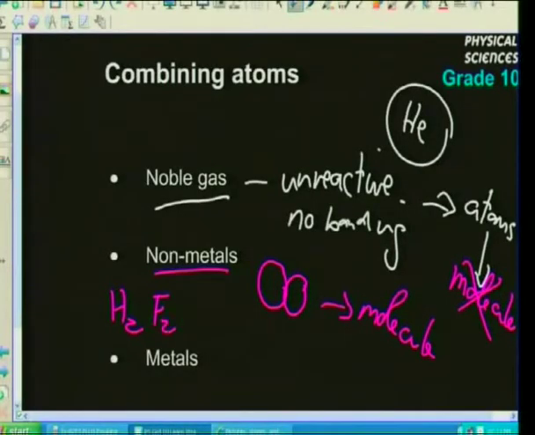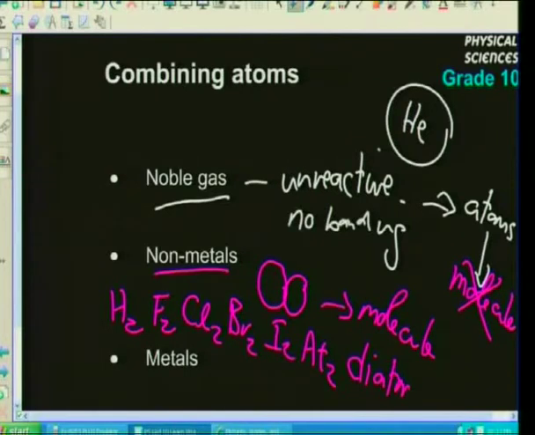There are 7 diatomic elements, 2 atoms per molecule. I want to list them for you: H2, F2, Cl2, Br2, I2, and then At2. Now, those are all the diatomic molecules, 2 atoms per molecule.